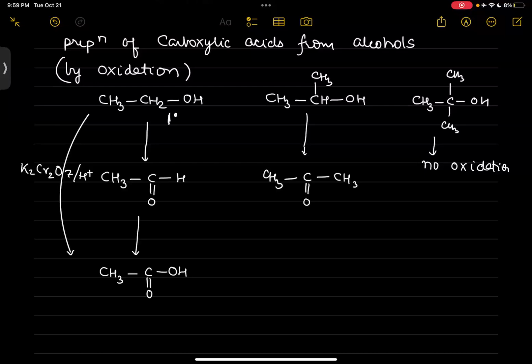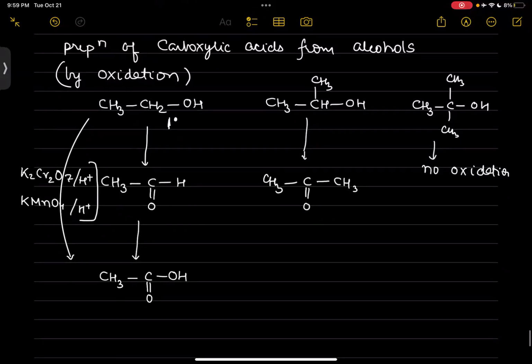Or KMnO4, potassium permanganate. In your school practicals you might have used them. In redox also, they are the most common strong oxidizing agents, which can convert the alcohol to carboxylic acid. Got it? Is it clear or not? Any doubts in this?